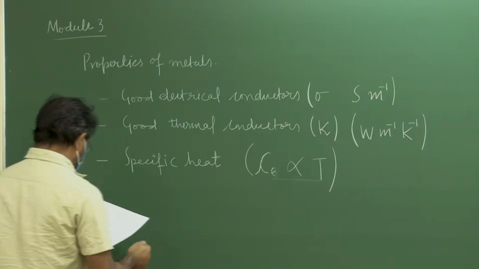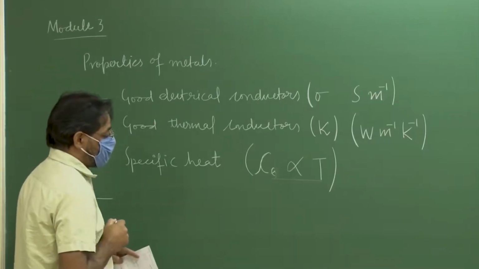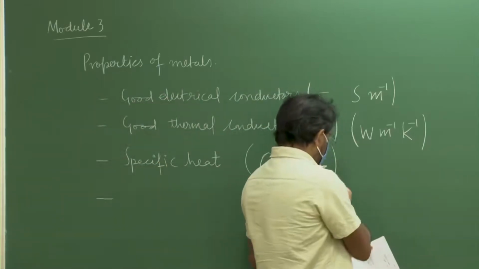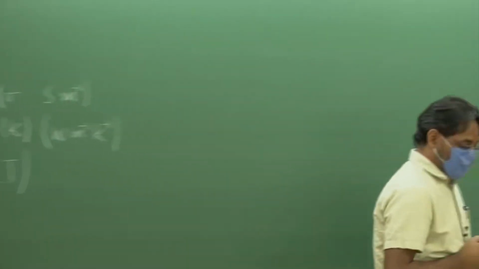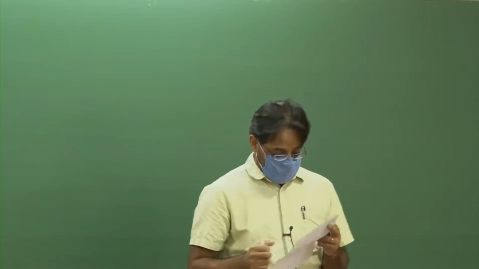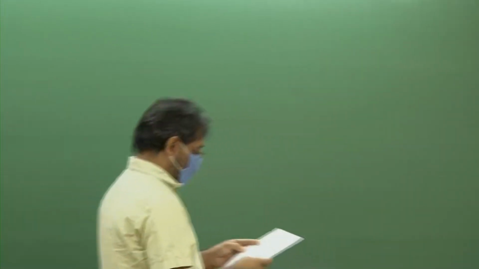Then there is something very interesting, and once again it comes from the experiments. Actually, most of the things that we deal with in this course are driven by experiments. For instance, metals have been known to humans for a very long time, the Bronze Age and the Iron Age and so on.